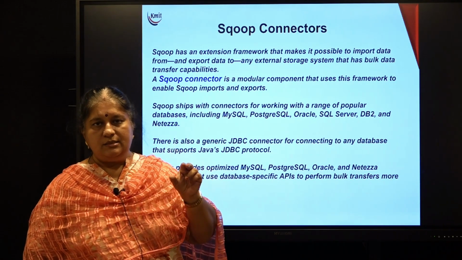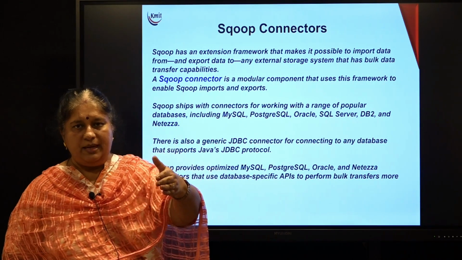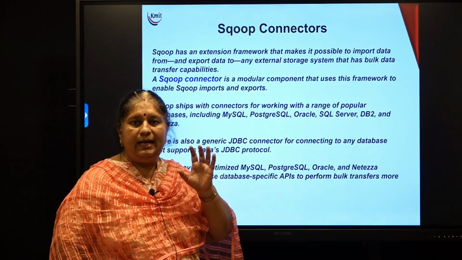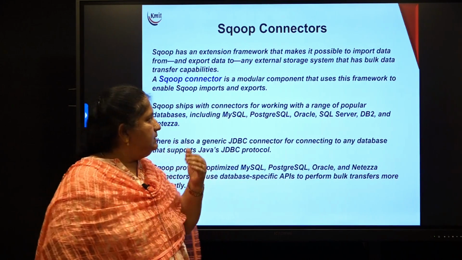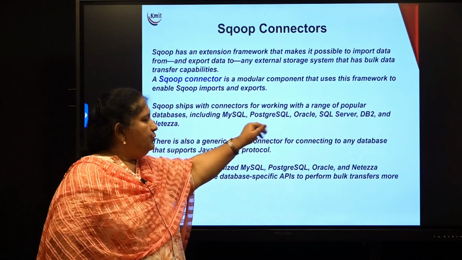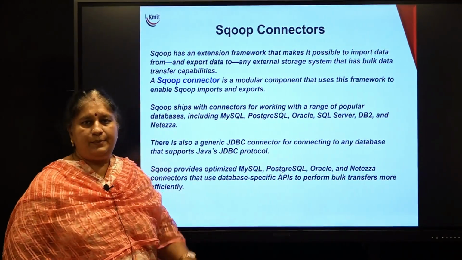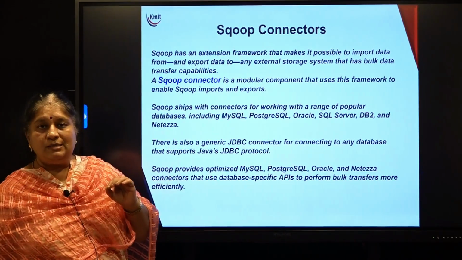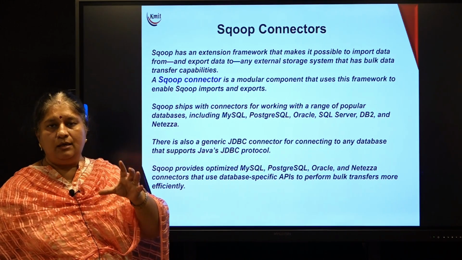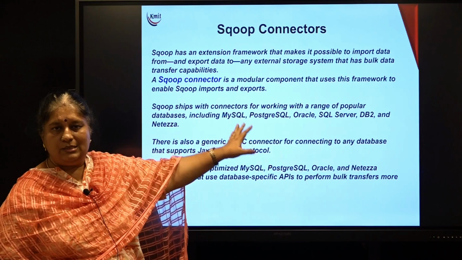So the drivers which will help me to take data from a SQL based system into Sqoop, we call it the connector for SQL. Similarly, there will be connectors for MySQL separately, PostgreSQL separately, Oracle separately, SQL Server separately, likewise. So whatever is the underlying database, Sqoop will have the respective connector so that it can extract data from various types of database systems.